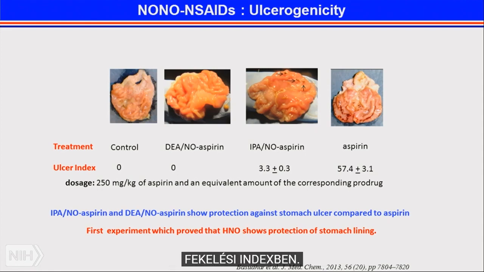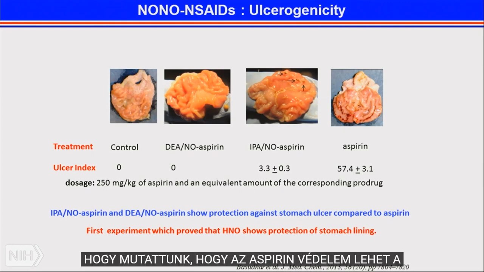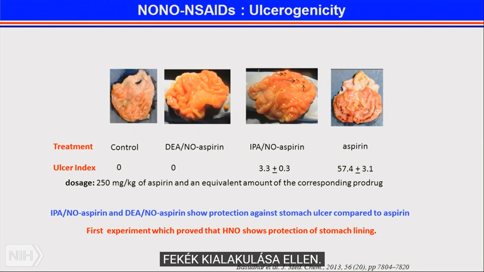With dinoaspirin, there was no ulceration. And this was the first time we showed that ipanoaspirin, which releases HNO, can also protect against ulcerogenicity. So both dinoaspirin and ipanoaspirin protect against ulcerogenicity.